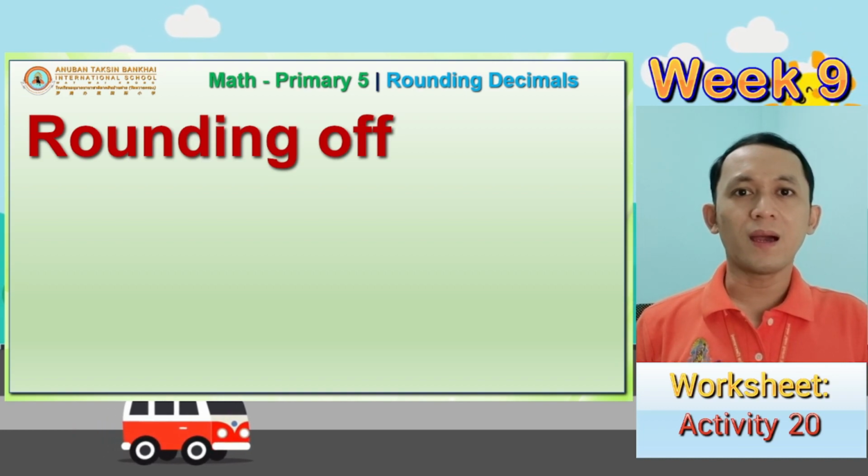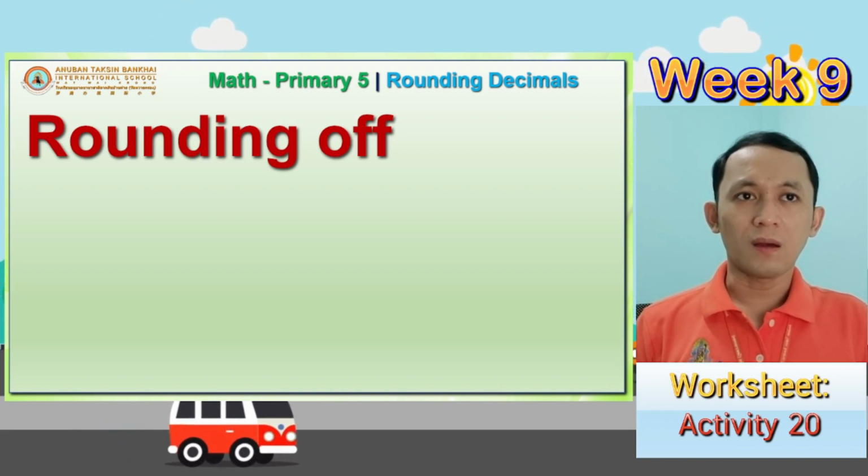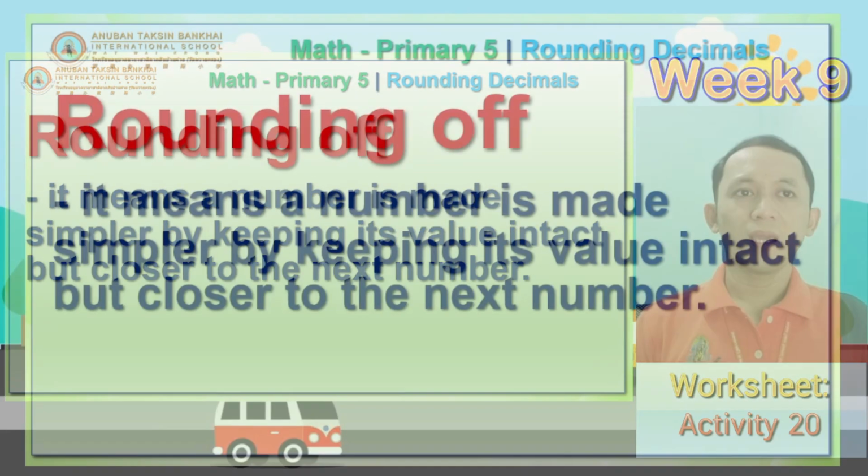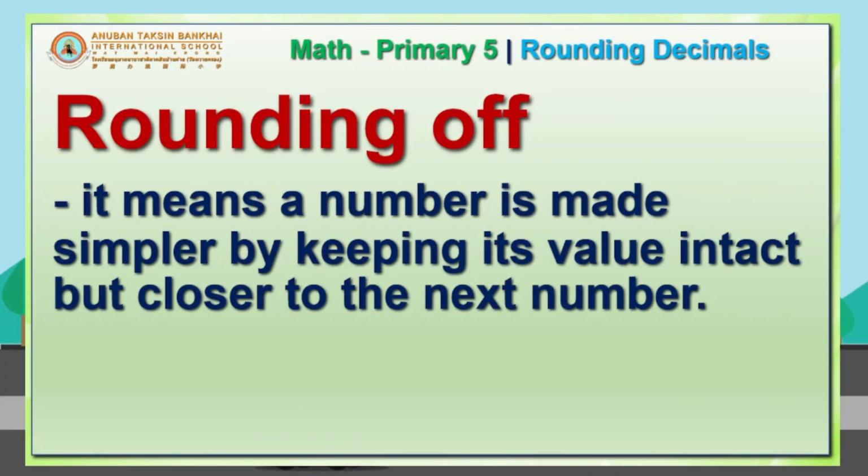What do you mean by rounding off? Rounding off means a number is made simpler by keeping its value intact but closer to the next number.